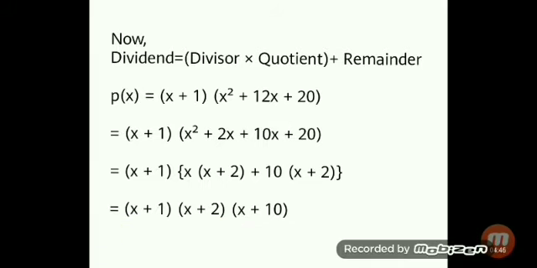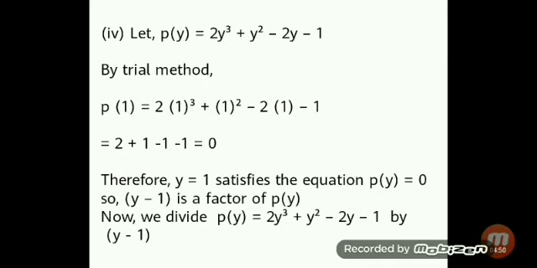Now fourth part is py is equal to 2y cube plus y square minus 2y minus 1. By trial method we put the value of y. Here we get p1 as zero, means y equal to 1 satisfies this equation, py equal to 0.